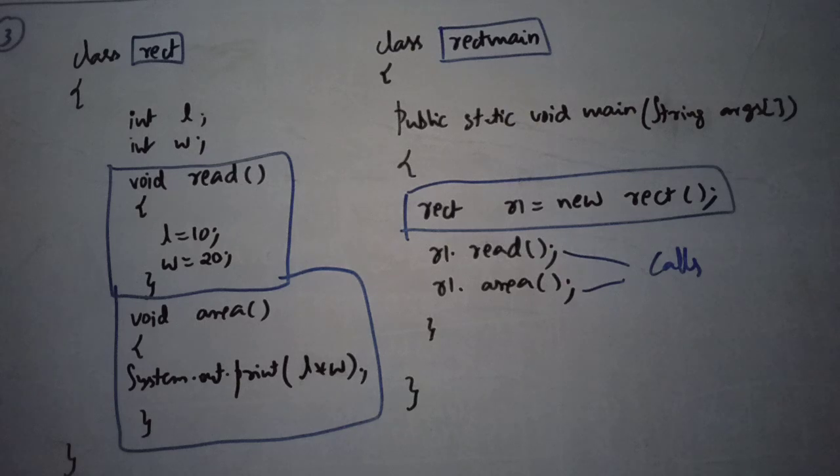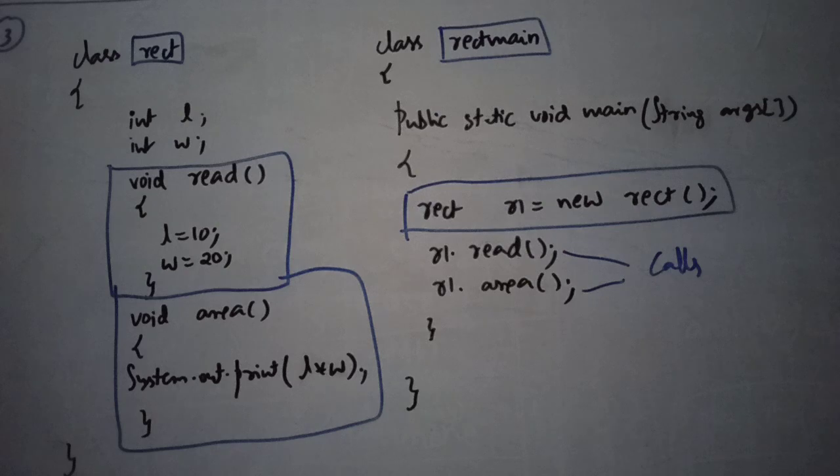So L is assigned with 10 and W is assigned with 20, and System.out.print L multiplied by W means area of rectangle. So what is the main class name? RECTMain. You need to observe the difference between the class name and the main class name.